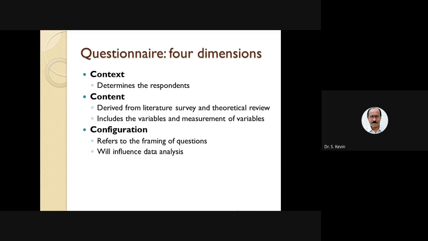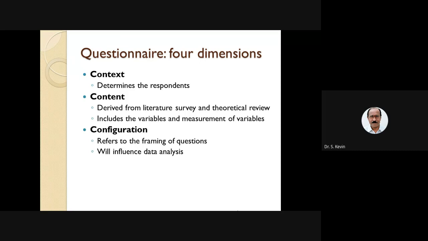The third dimension of the questionnaire is the configuration. That is, how do we frame the questions? You can ask the same question in different ways. Supposing you want to ask a question about something, it can be asked in different ways. That is known as the framing of the questionnaire. It should be framed in such a way that the respondents understand the question and are able to give the correct answer.